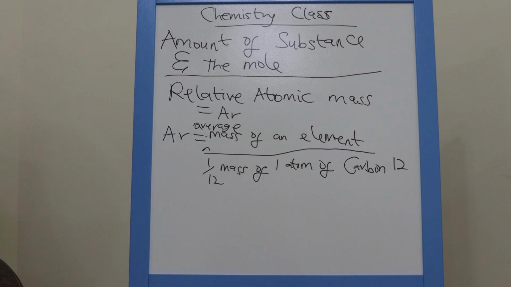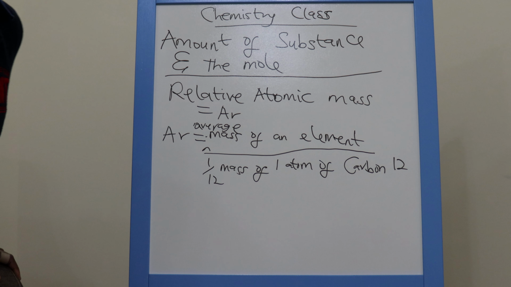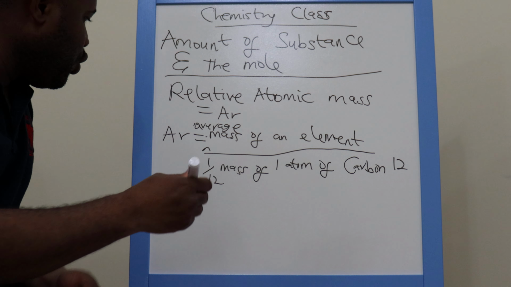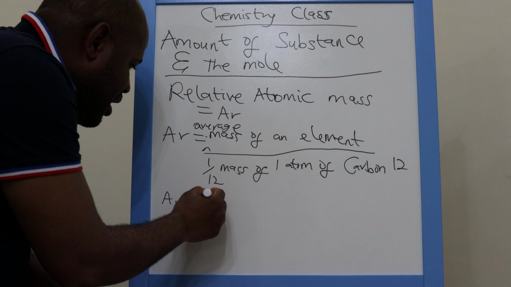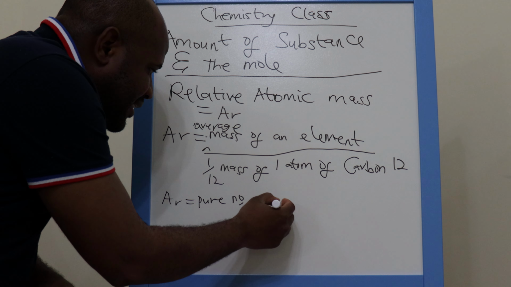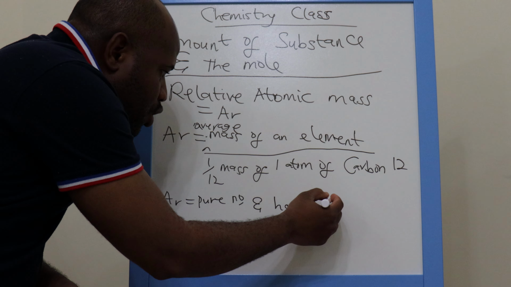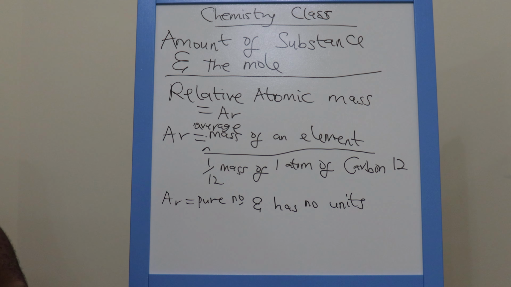Relative atomic mass is a pure number and has no units. AR is a pure number and has no units.